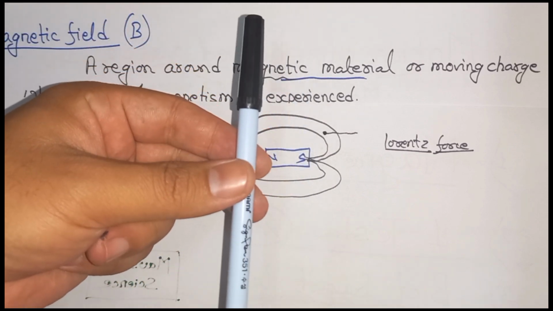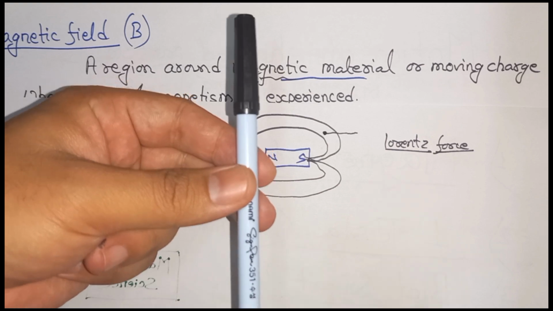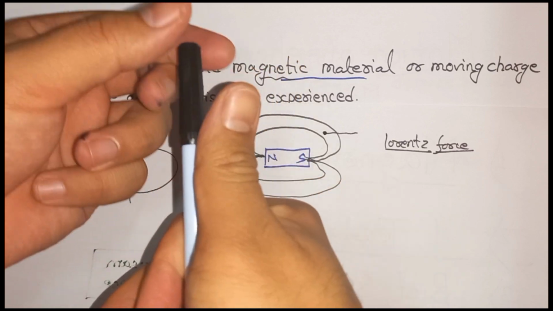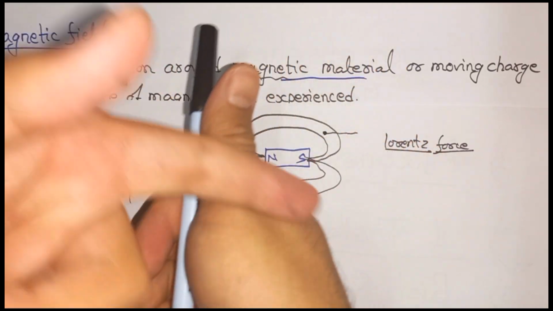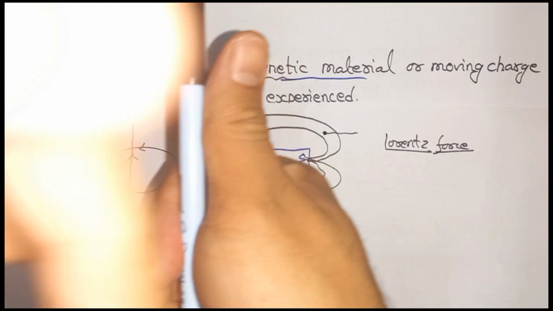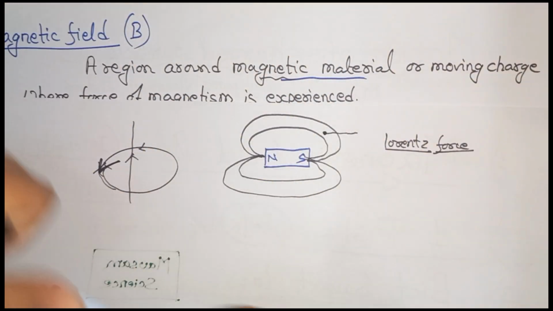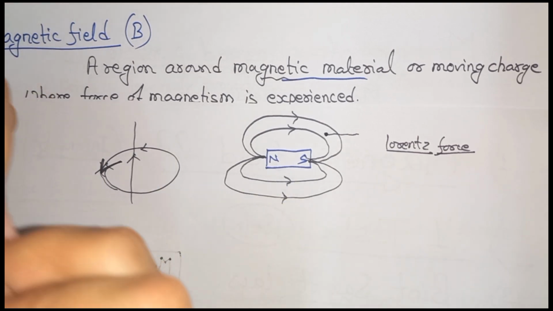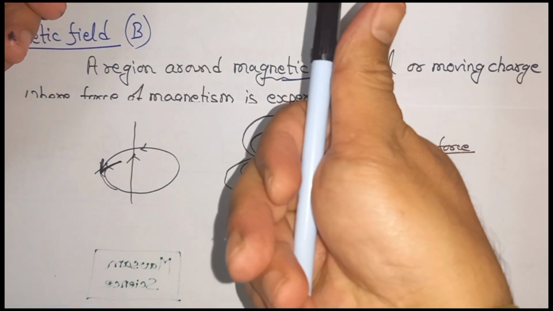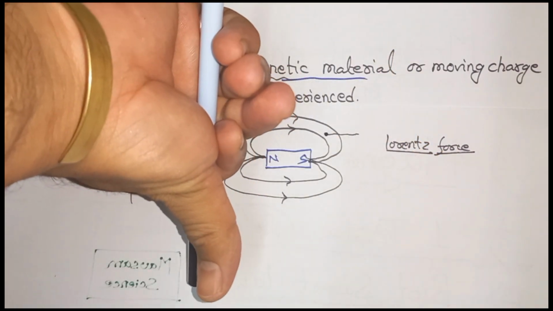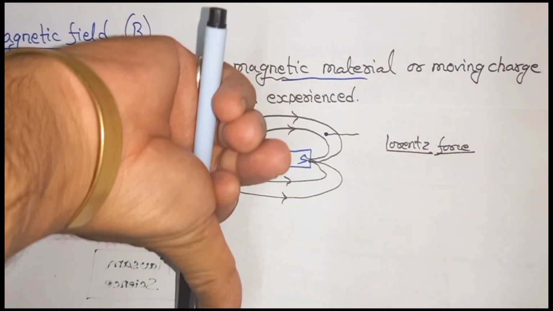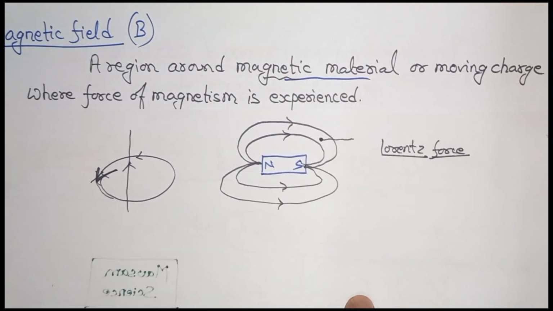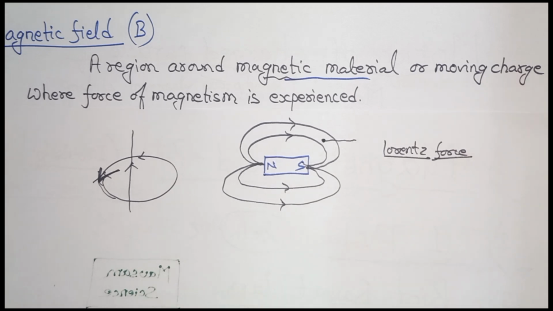This is a current carrying conductor. Suppose the current is moving in this direction. I'll place my thumb over here, and the magnetic field will be from here to here. Here the direction of the magnetic field is from north to south, and in the other case the magnetic field direction will be changed. You can try this by yourself using the right hand thumb rule. I'll give the link to that video in the upper I button also.